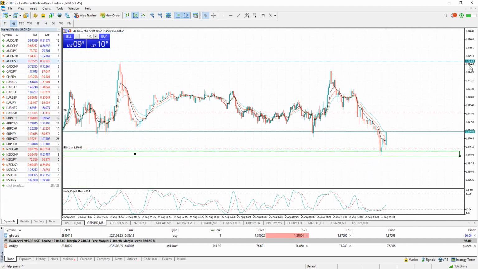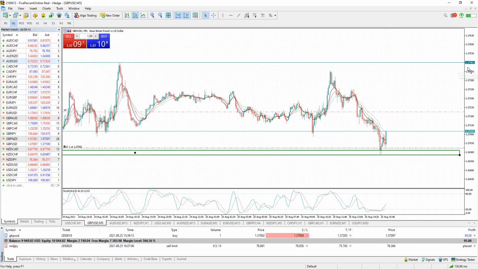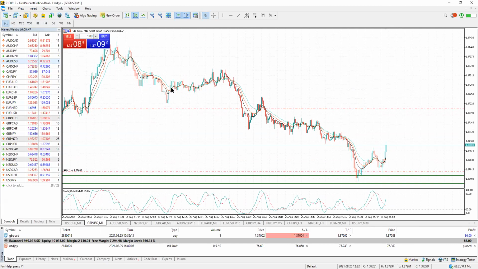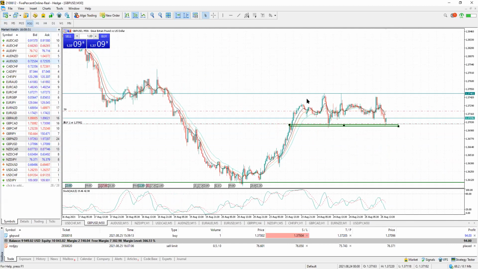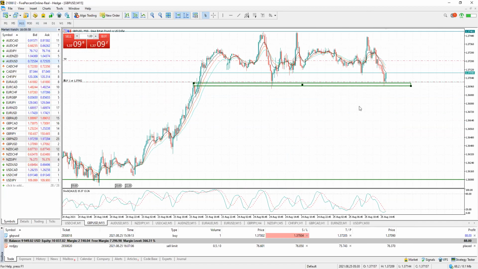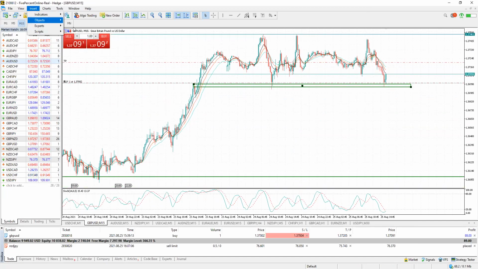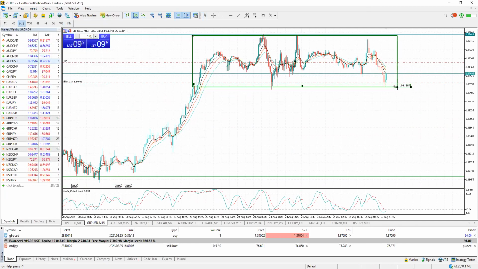Okay, I will try to see where we can maybe exit. I think my take profit is in a good position so far. We are in the middle of the range, so I believe on the 15 minutes graph we are actually in a range, something like that, the rectangle.